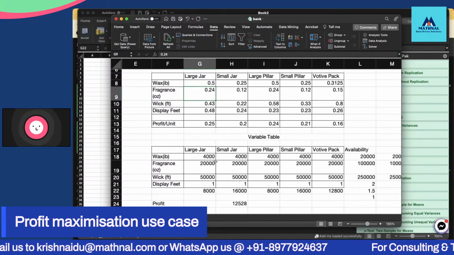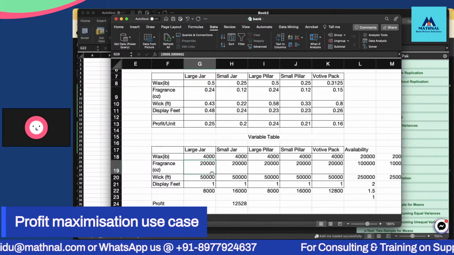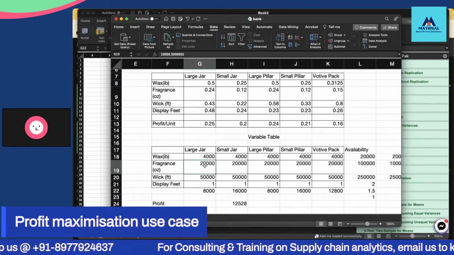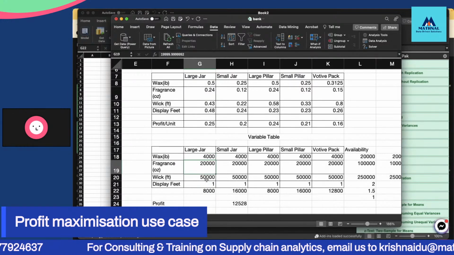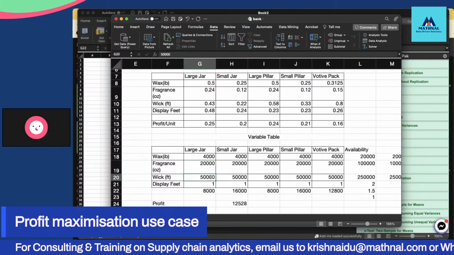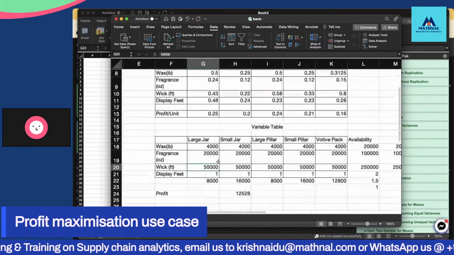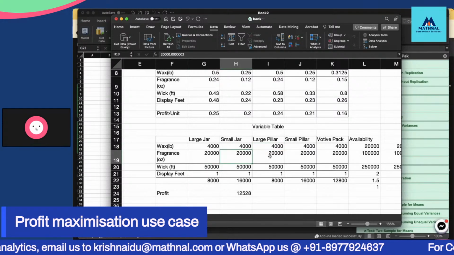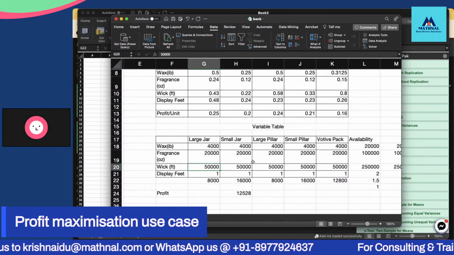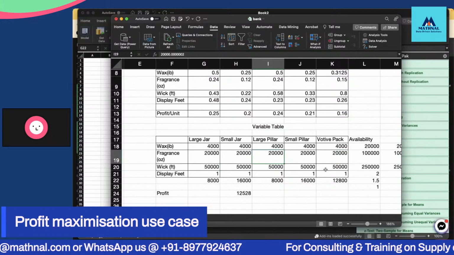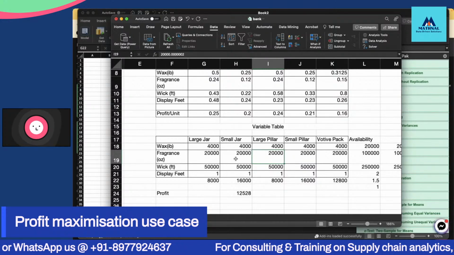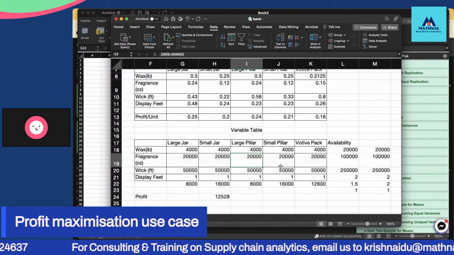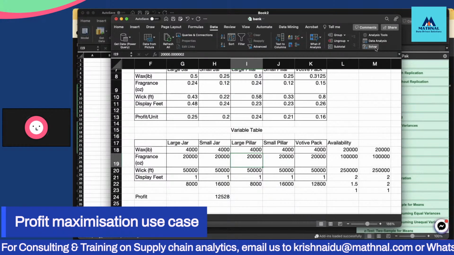So this solution is doing equal divisions. Let me make one more change here.